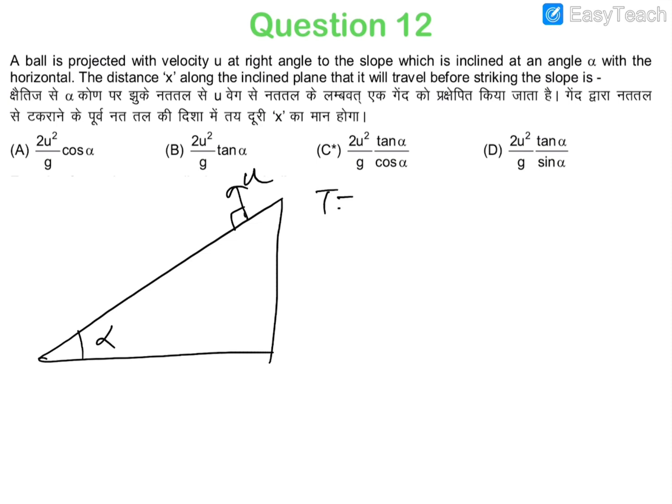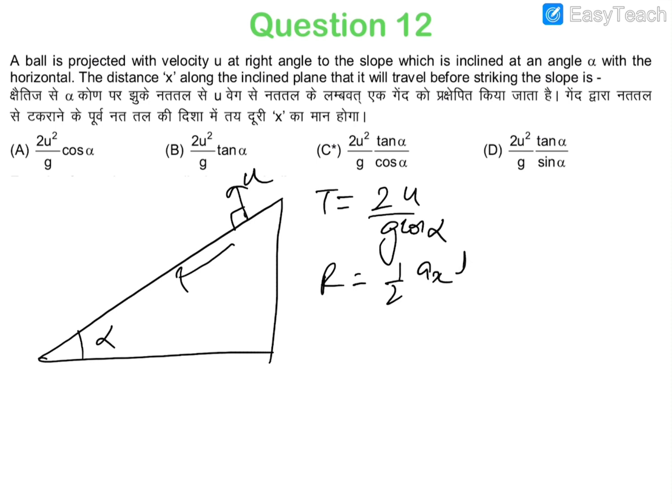So the time of flight will be equal to 2u by g cos alpha, and the range is asked in the question, so range will be calculated by half ax into t square.